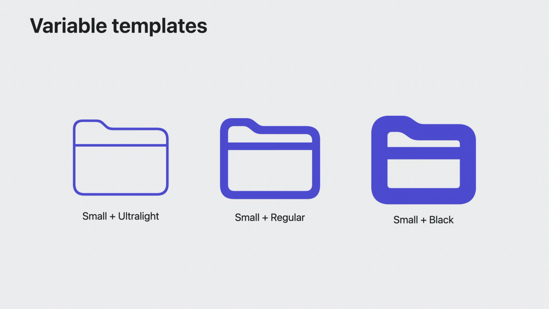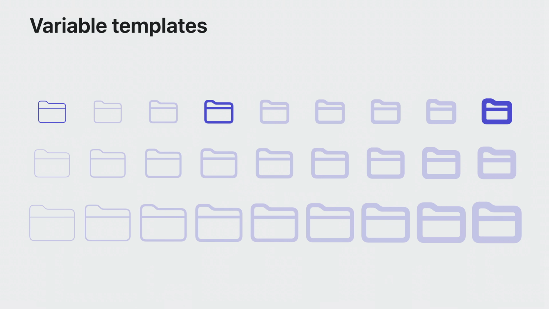You only need to provide 3 drawings in the small scale, 1 each for the ultralight, regular, and black weights. Then, as long as the Bezier paths you used in each drawing are compatible, the system can mix your drawings together to create the remaining 24 possible variants. And if you ask me, getting 27 symbols for the price of 3 is a pretty great deal.